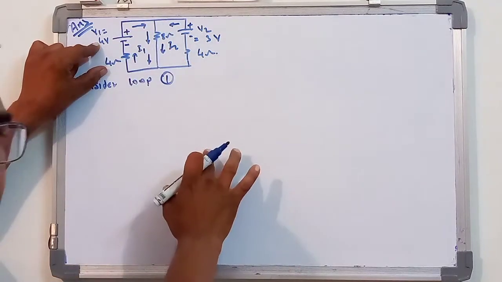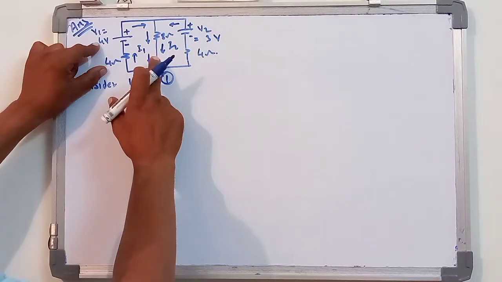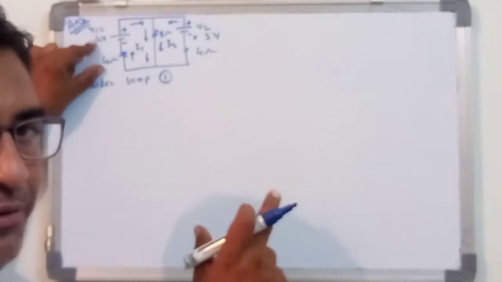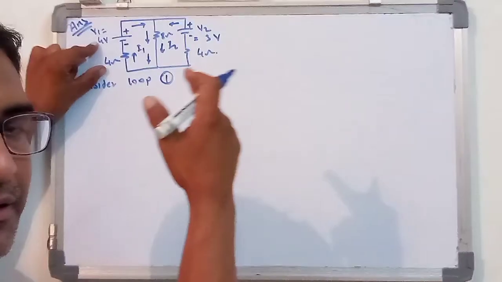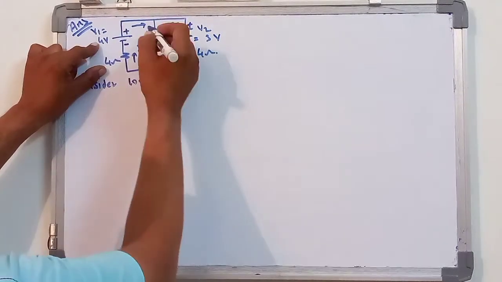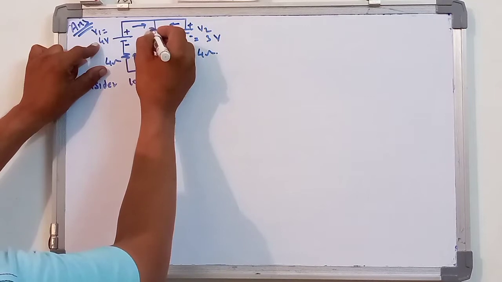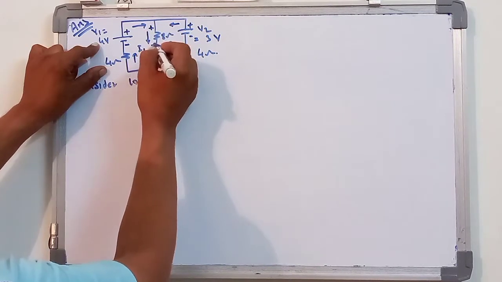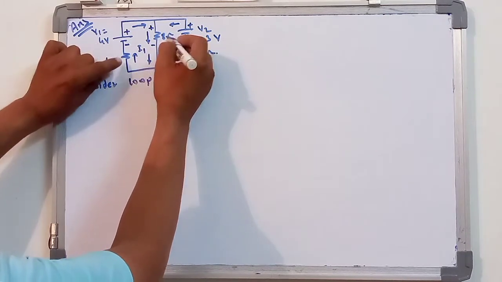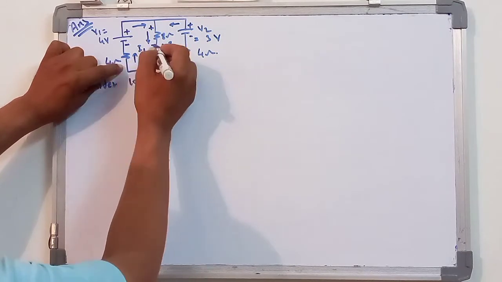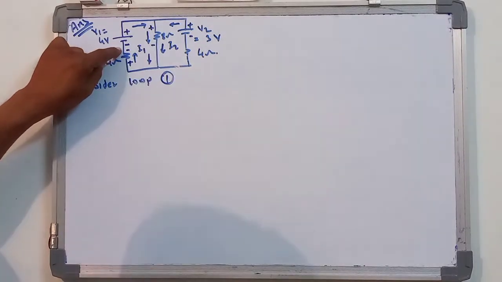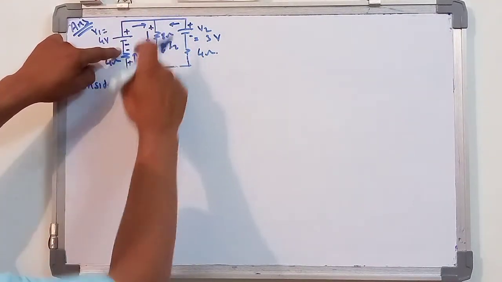While observing this, you have to mark the positive and negative polarity in such a way that you will get the algebraic equation. So I have marked here the positive and negative. For the first loop, again the positive and negative I have marked for the one resistor which is in between the two loops, that is 8 ohms, and again for the last resistor, negative to positive, and then again it comes back to the negative of the voltage. So in this way I have marked the first loop.